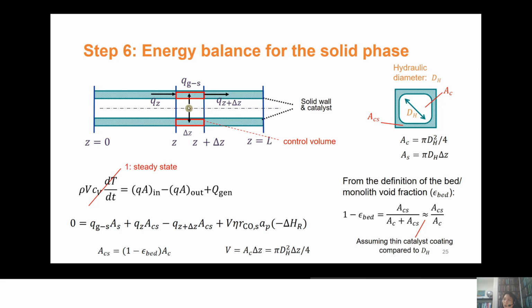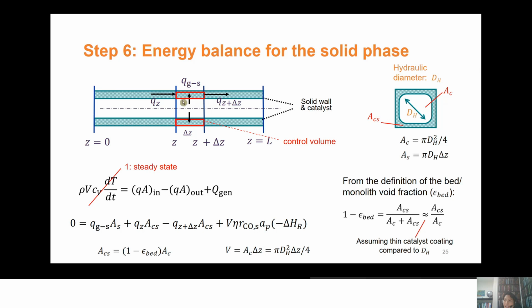Previously in the gas phase balance, it was going out of the control volume. But now it is going into the control volume, because our control volume is now in the solid phase. So it has a positive sign. It's an incoming heat flow.